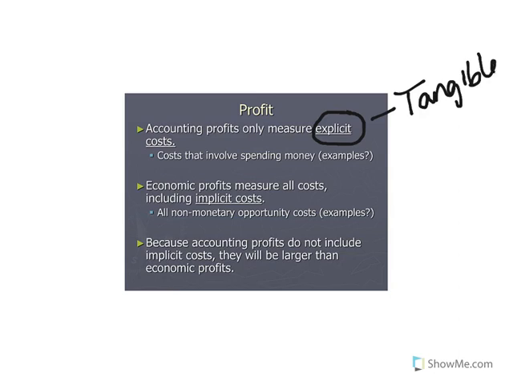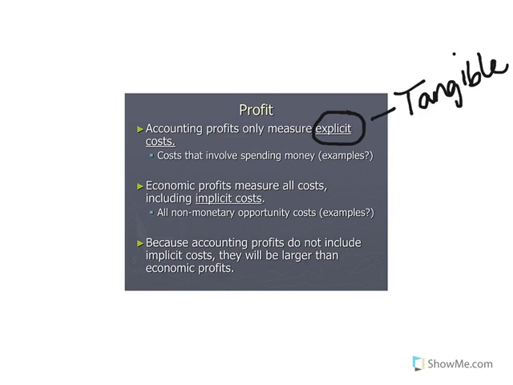Think of it as a bill that a firm gets and they have to pay for it. So in other words, if they have to pay for their land, if they have to pay for their materials, those are tangible costs. You know, they have to pay their payroll. In other words, their employee wages. Those are all tangible costs that the firm has to pay. So whatever's left over, of course, that's going to be the actual accounting profit.